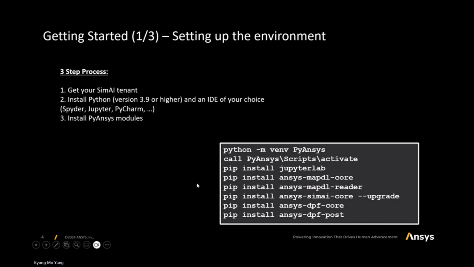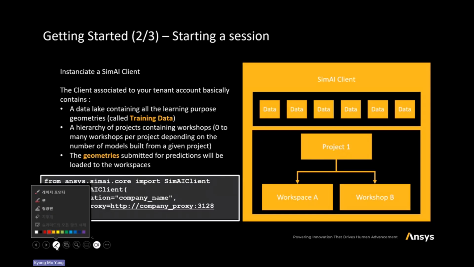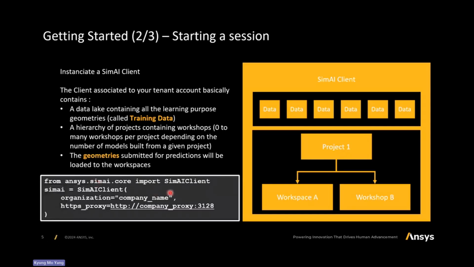Once you do that, you will want to call a client session. I will start with this laser pointer. You will have a client, and this client is like the entrance door to any of the operations that you want to run through SimAI.